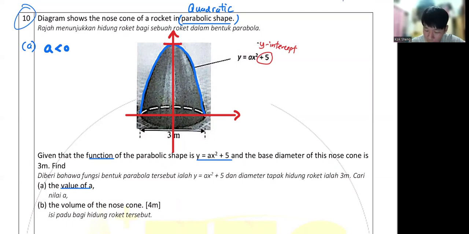If you put it another way, let's say I put it here, actually this one can also, this accepts positive, it can be 5 also. But you got one problem here. You only got the 5 as your info after you draw. No extra info. You can't even use the 3 meter here.